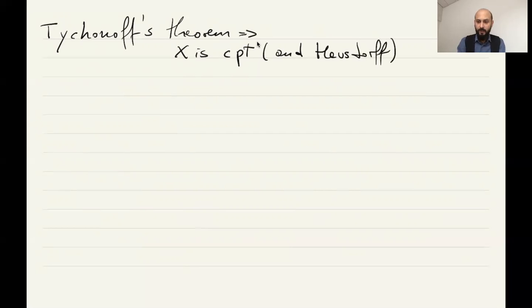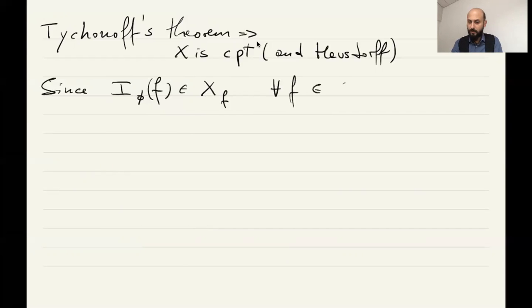Now, what we have is that our operator I_phi assigns to any f an element inside the interval I_f. This is for all f in C_c^+, right? And this was the equation that before we called delta.